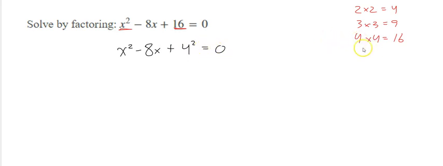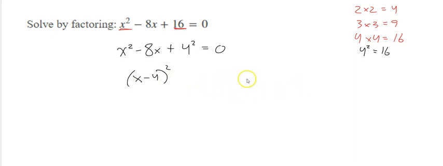Because 4 times 4 is the same thing as 4 squared, which equals 16. Doing that, can I not write this as x minus 4 squared? It would end up being the same thing. So, very simple on that one.